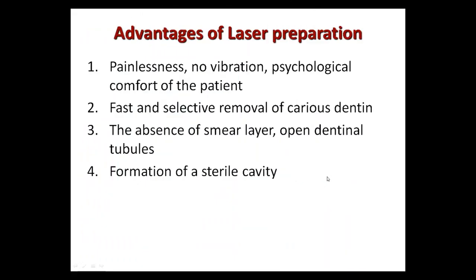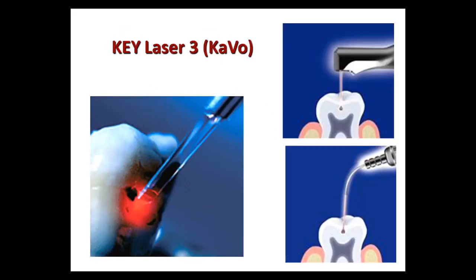Advantages of laser preparation: it's painless, no vibration, psychological comfort of the patient, fast and selective removal of caries dentin, the absence of smear layer, open dental tubules, formation of a sterile cavity. For example, the KaVo laser device by KaVo company.